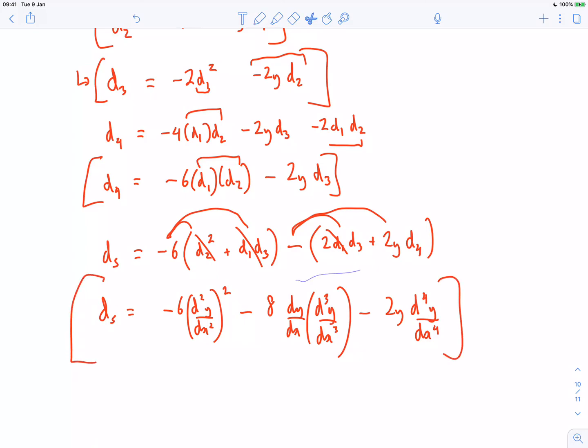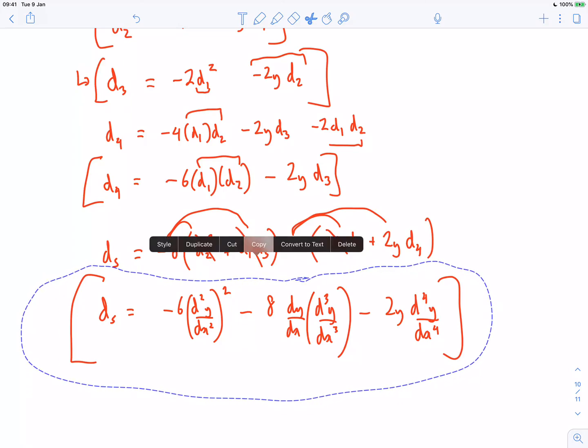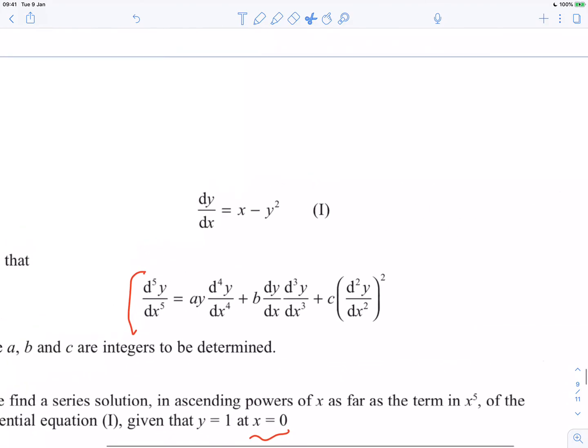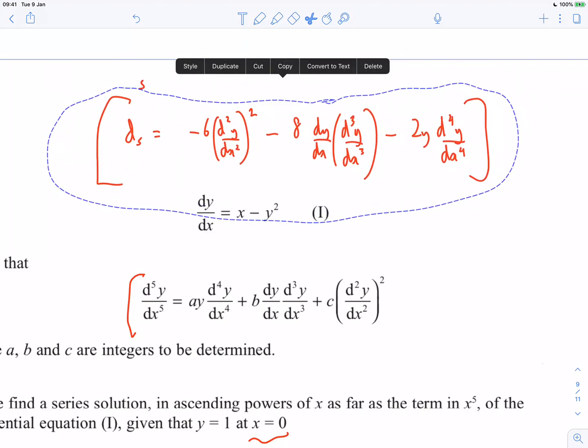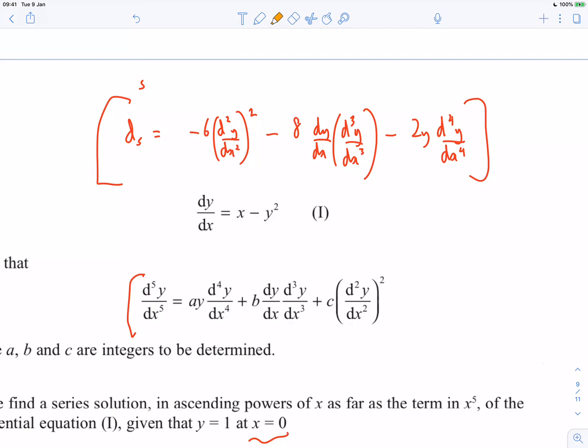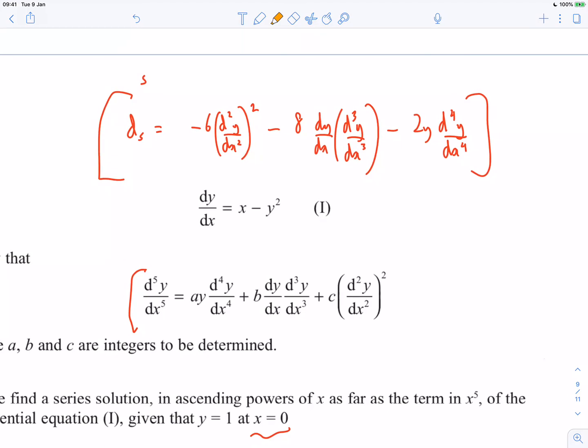Now I'm done. I actually saved a lot of time by doing that. So what have we got? We've got to the power of 4s. The coefficient a is minus 2y, so immediately a is negative 2. b is the amount of dy's by d3's, which is here, so b is minus 8.